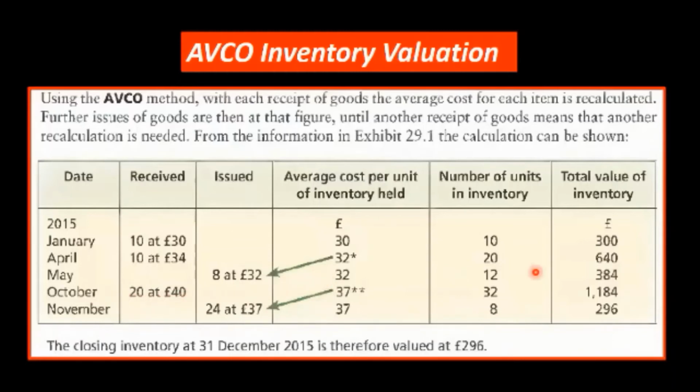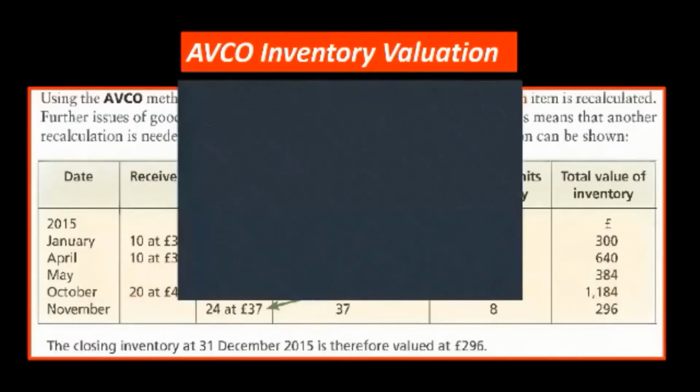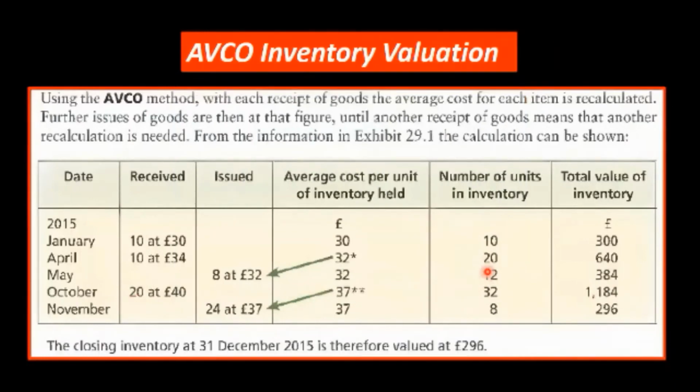We add our 800 to our balance here, and we get 1184. Now we have 20 that we buy here, and the 12 here giving us 32 in inventory. So we divide 1184 by 32, and we will get $37 as the average cost.